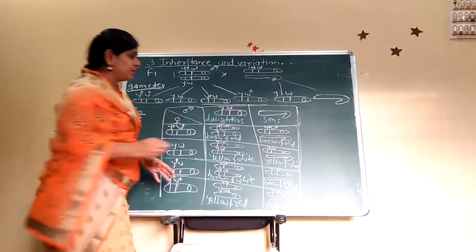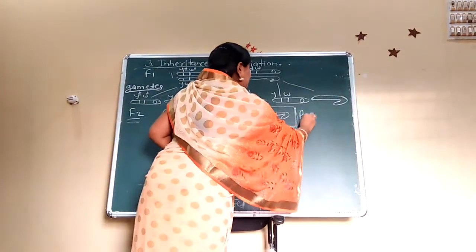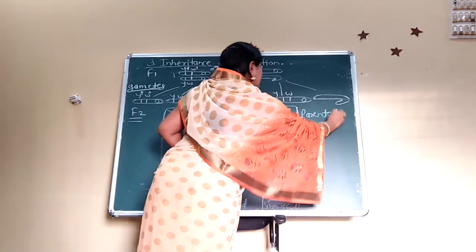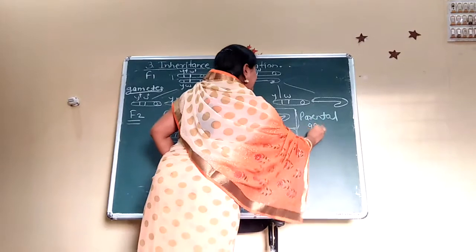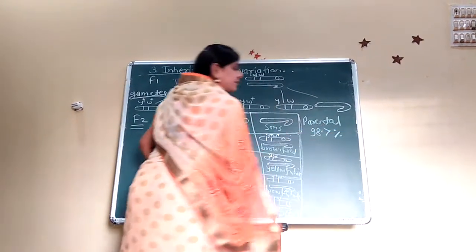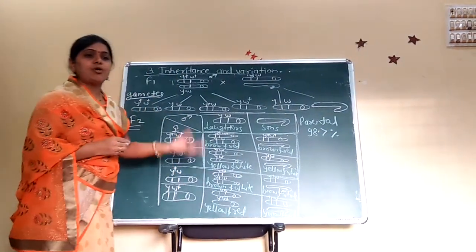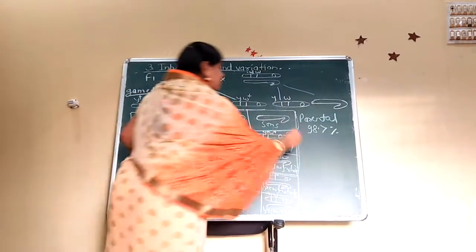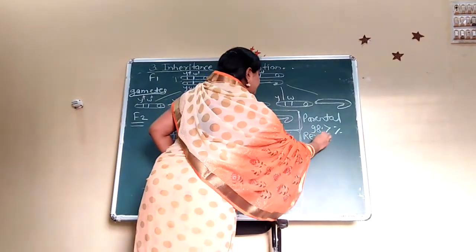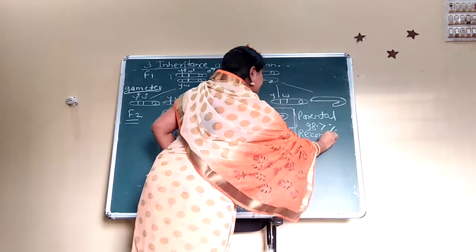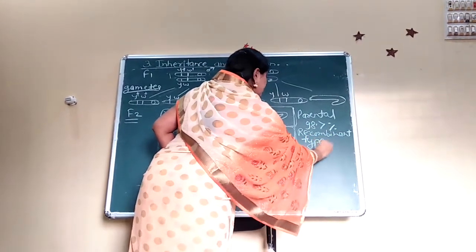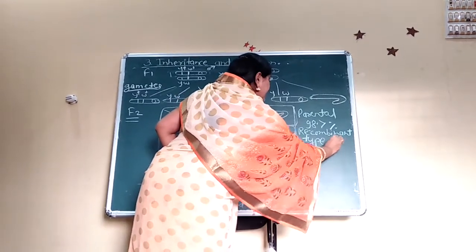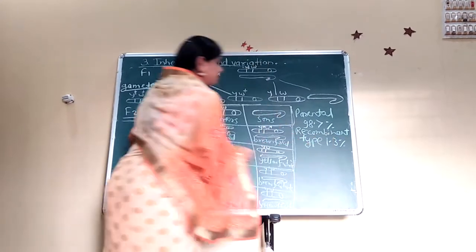And that type, that is the parental type, he saw 98.7% and new recombinant type only 1.3%.